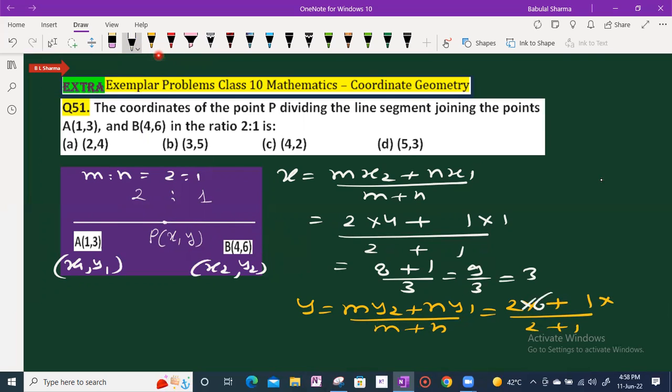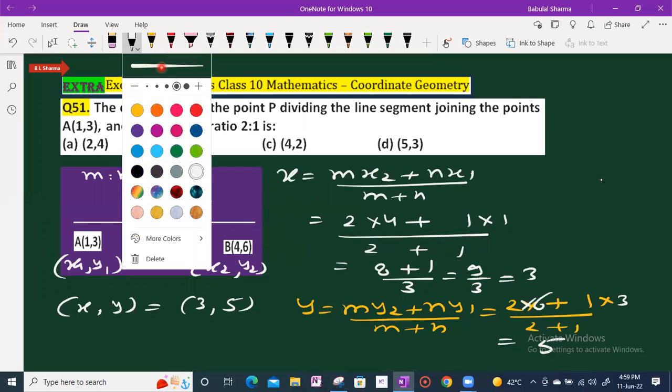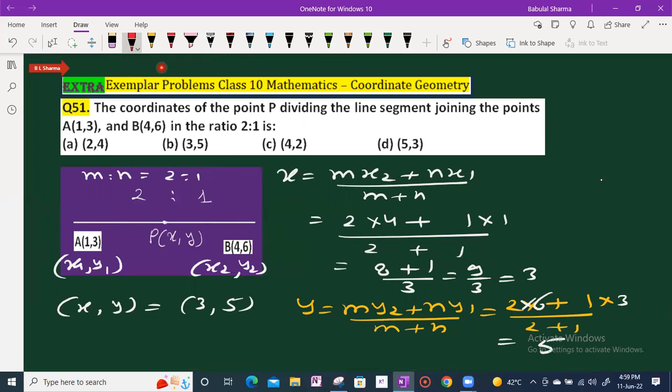And what is y1? y1 is 3. So that is 12 plus 3, 15/3, that is 5. So x comma y, that is (3, 5). So the coordinates of point P will be (3, 5). So B is the correct option here.